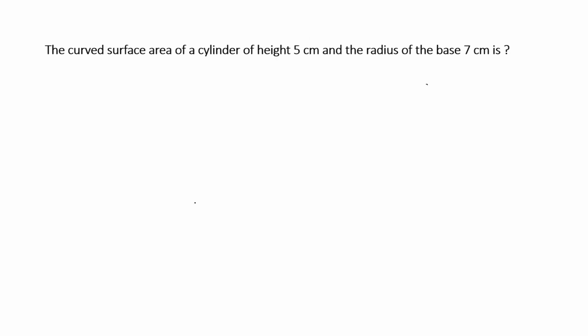Now, this is also a very important and easy question. The curved surface area of a cylinder of height 5 centimeter and the radius of base 7 centimeter is dash. Okay, he is asking to find CSA of cylinder.